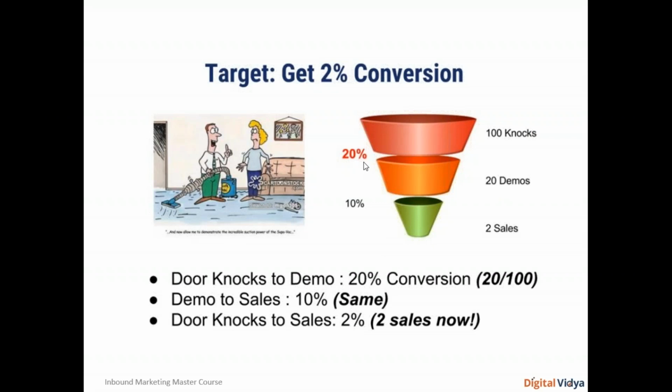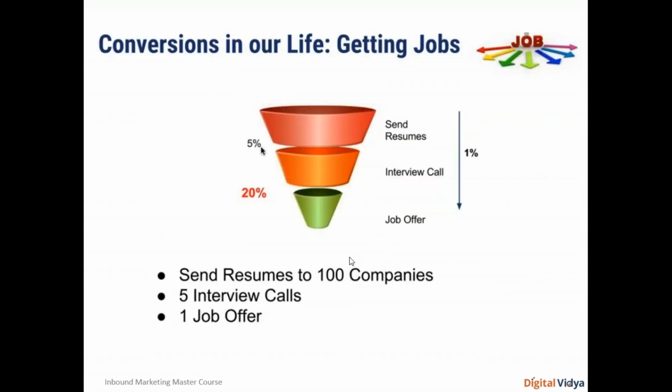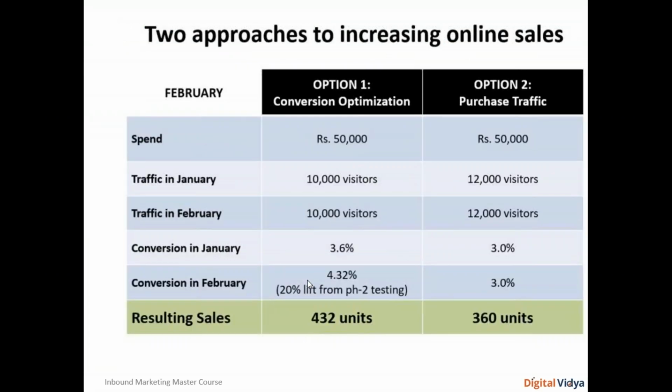Either of these two levers he can attack. And similarly, it works in our life also. When we want to get a job offer, we send resumes, we get interview calls, we get job offers, right? So there is a funnel associated with it. Now this is the example we have already covered.